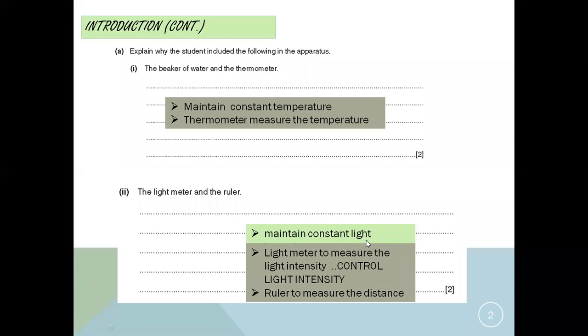It measures the light intensity and keeps it constant, because here we are investigating carbon dioxide, so we should keep the light intensity the same. Second is the ruler, to measure the distance. The distance should also be the same. That's why we keep the ruler here, so that it may not affect the results.